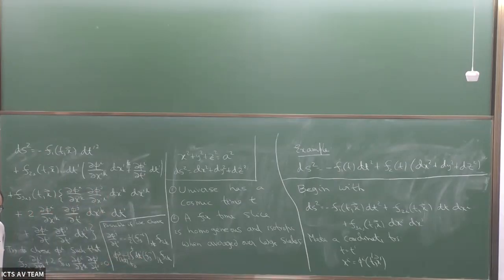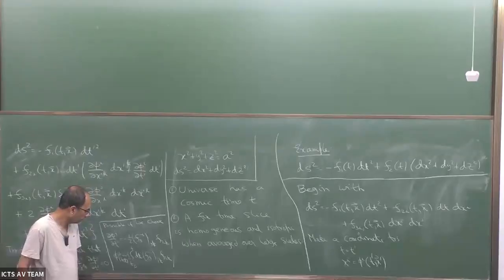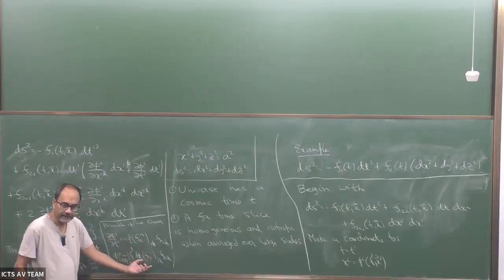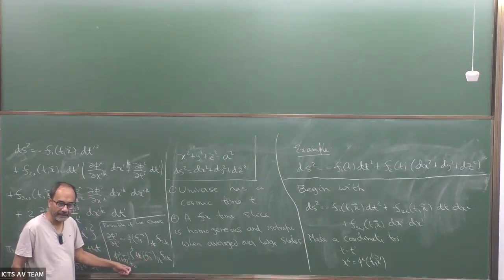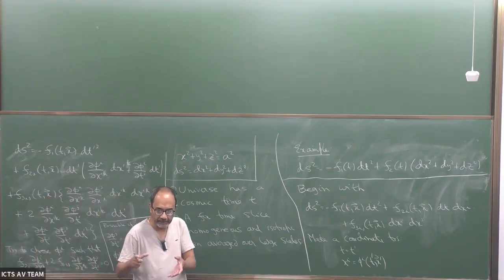The x prime dependence of phi is super arbitrary? No, it's fixed by this because these depend on x prime. We only know the partial derivative of phi. Yes, but this depends on x prime, so when you integrate, there is an x prime dependence that comes in. The initial condition, you can say at t naught you can add an arbitrary x prime dependence, if that's what you mean.